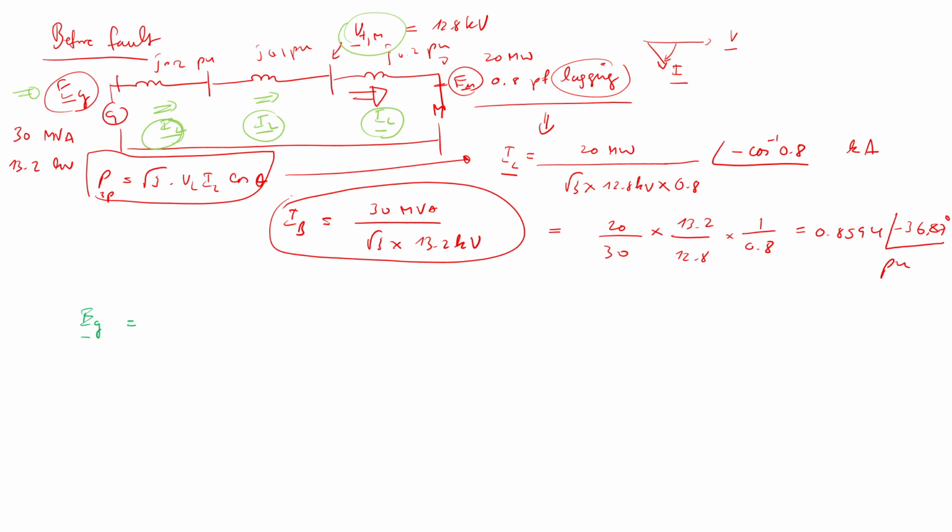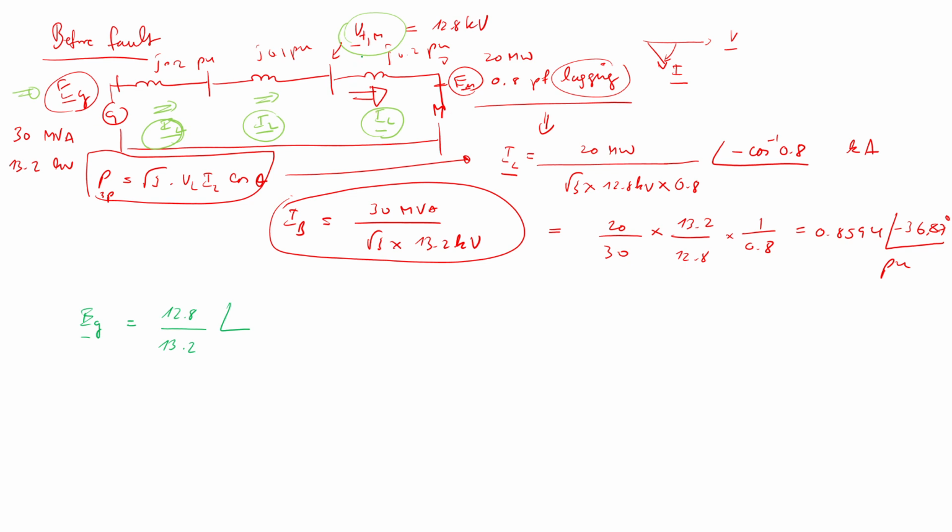Of course, this must be in per unit, right? So it is 12.8 kV divided by 13.2 kV. These are in kV, right? This is to change to per unit, right? The angle is known because this is the reference, right?